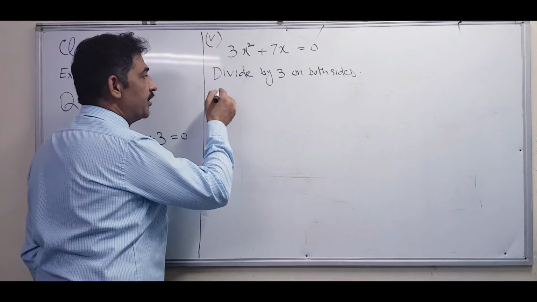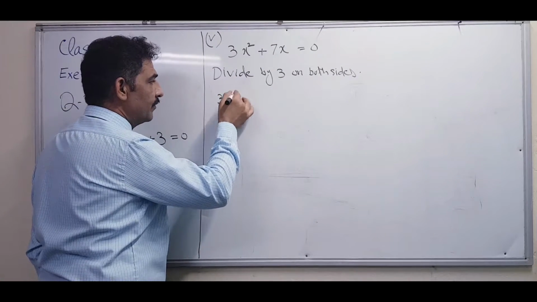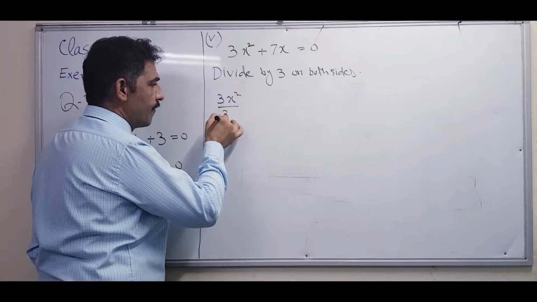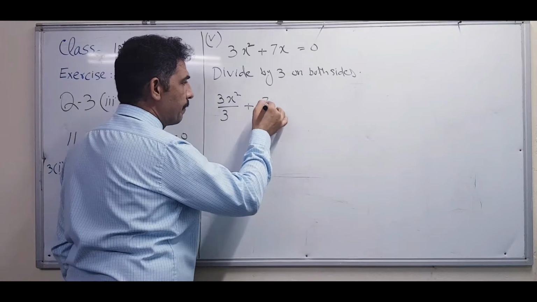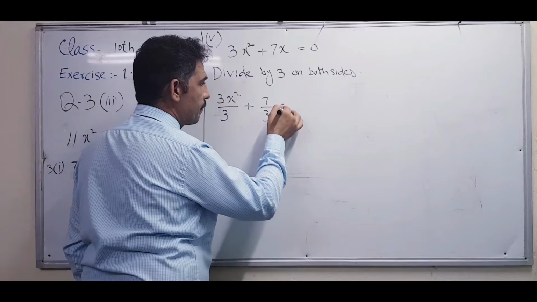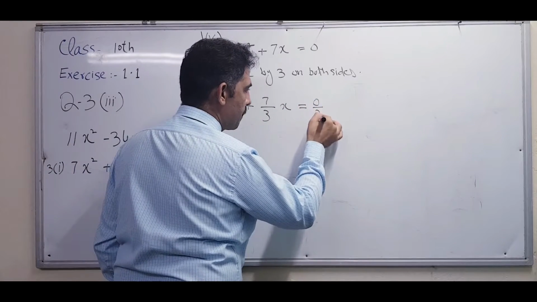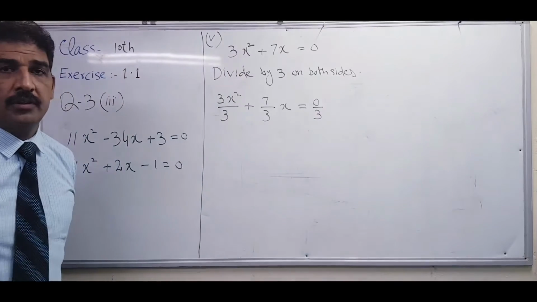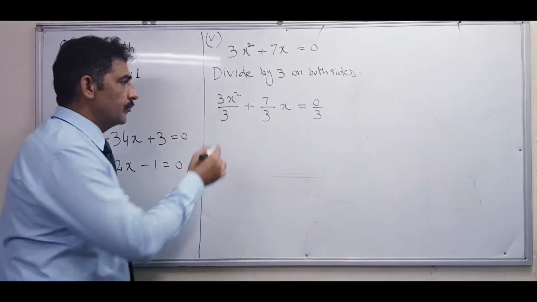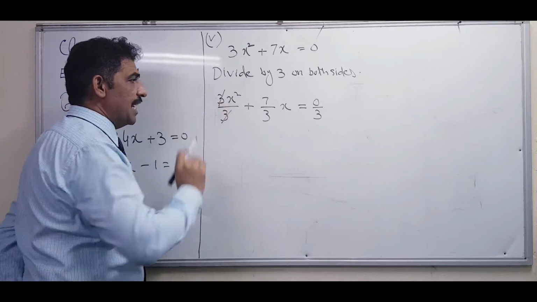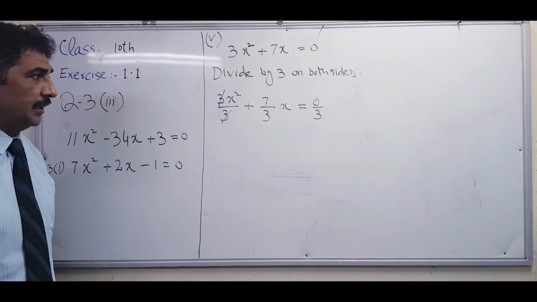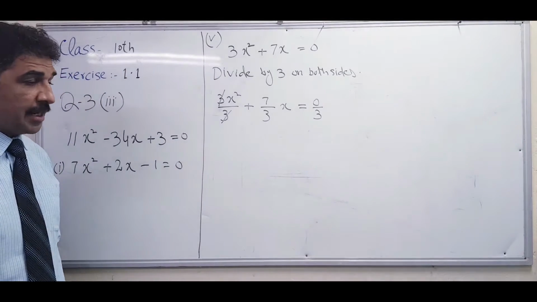So when divided by 3, okay, cancel. Then after that, the second step. What is the second step?